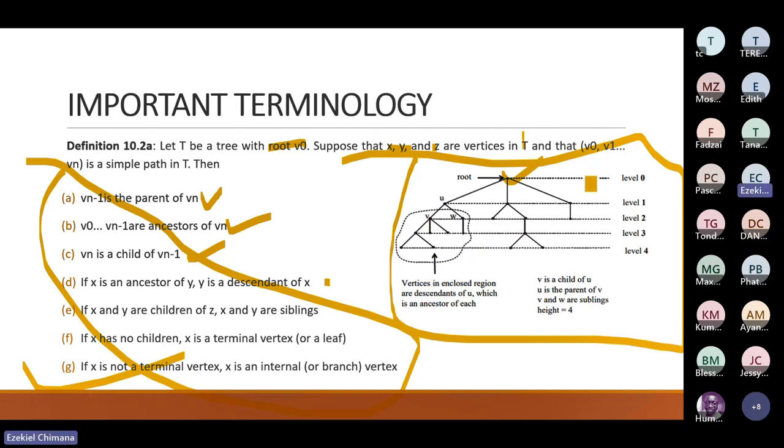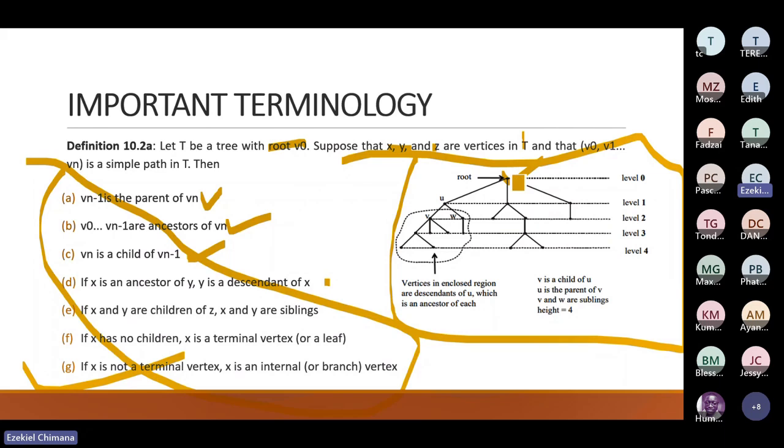If this one is our root, there's what we call a level. From the root, here is a level, then the first children from the root are another level, then the next ones are another level, and then another level.